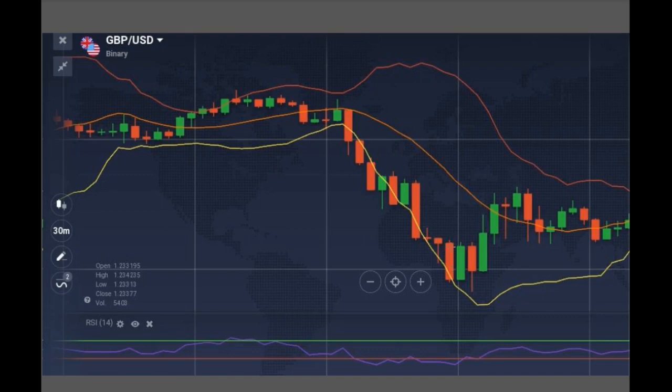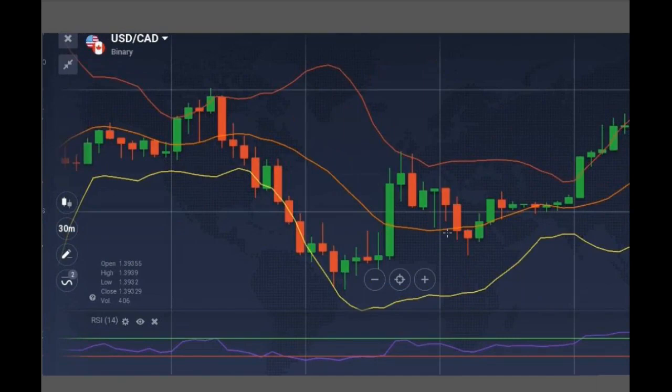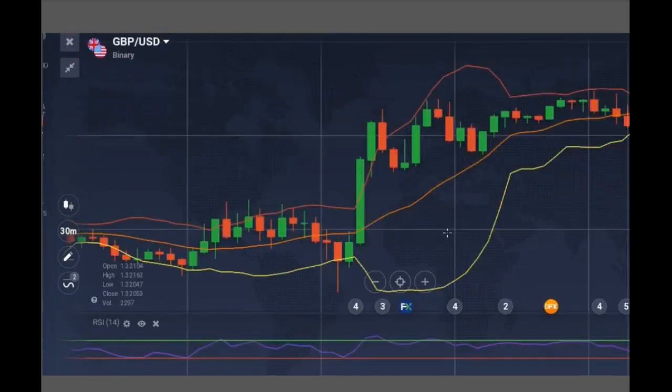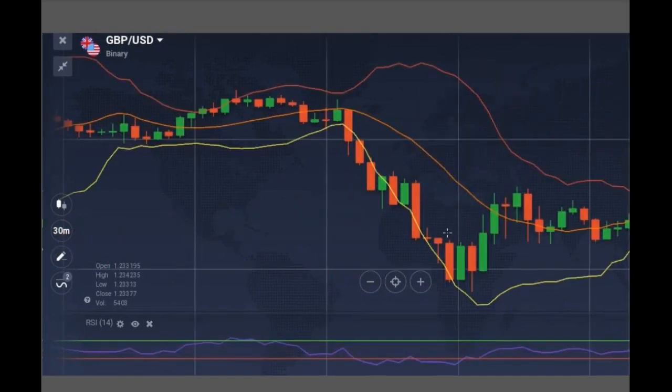You can see it could not close out again. You are looking for a point whereby the price cannot close outside the Bollinger Band again.